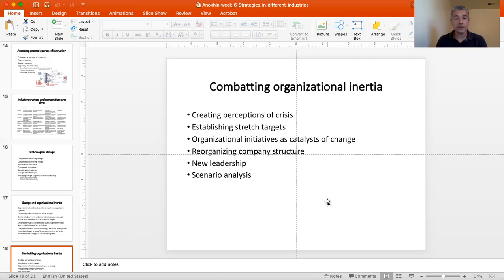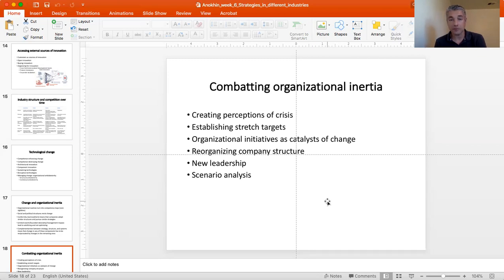You reorganize company structure because structure is linked to strategy. With new structure, strategic changes will become inevitable. You typically have to change the leadership of the organization, right? So there's a reason why the average tenure of a CEO in the United States has gone down so dramatically over the past decades, right?